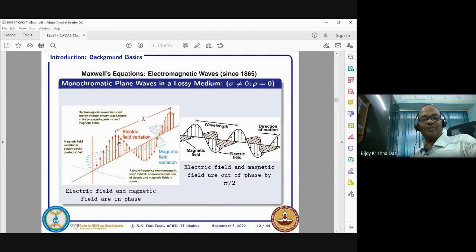That is what Faraday's law or Ampere's circuital law says. If the electric field is decreasing, that means it is losing energy, and that energy will appear as a magnetic field, but outside, in the surrounding region, not here. So here the magnetic field is also reducing. That magnetic field will also generate some electric field, but outside.